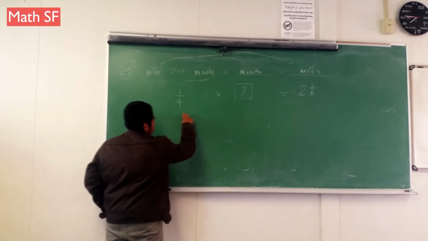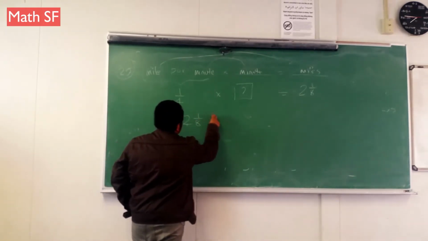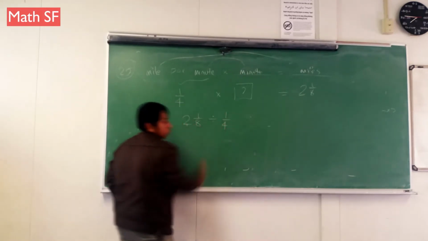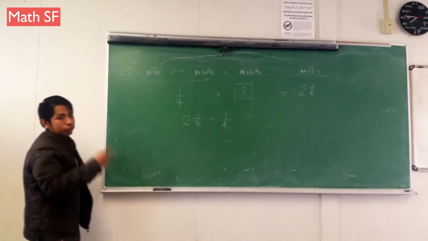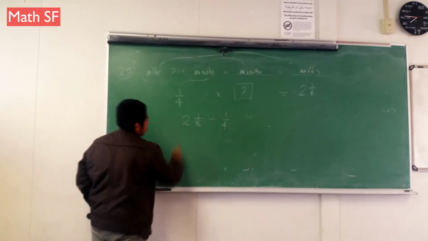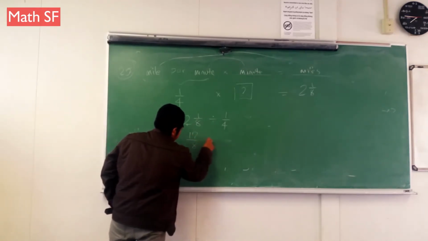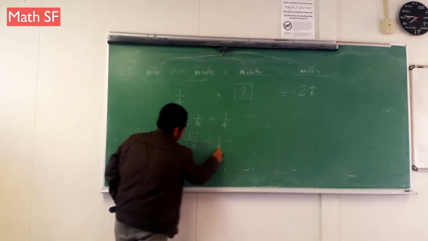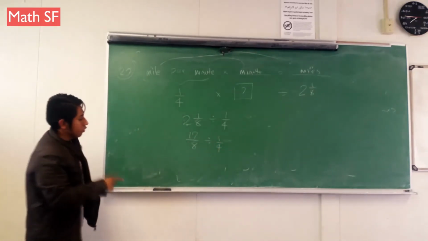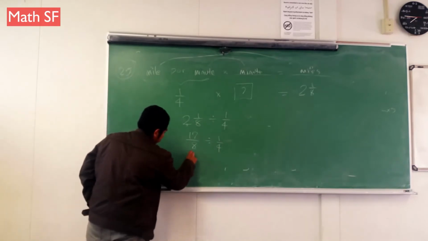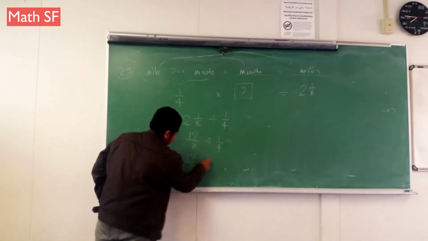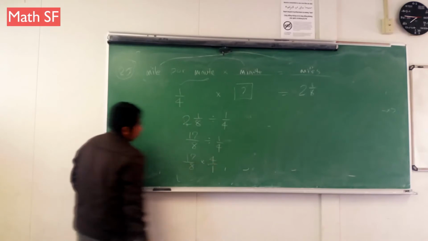Therefore, you must divide 20 1/8 divided by 1/4. So let's convert this mixed number into a fraction. 8 times 2 is 16, plus 1 is 17, so 17/8 divided by 1/4. Now let's change that division into a multiplication. So it's 17/8 times 4/1.